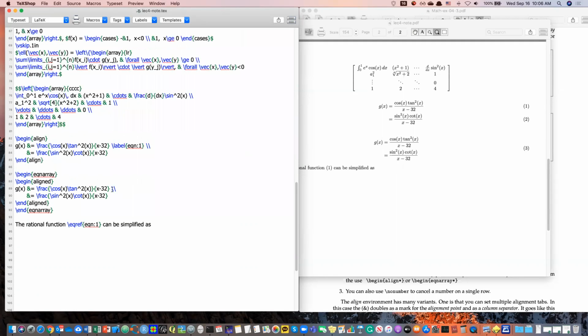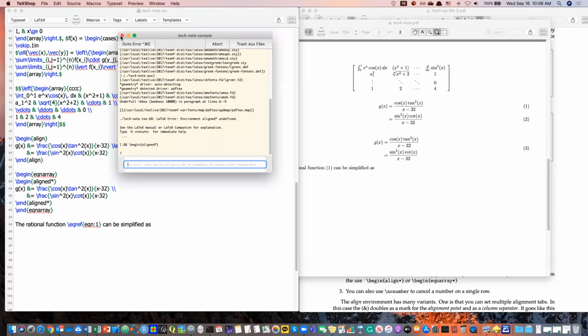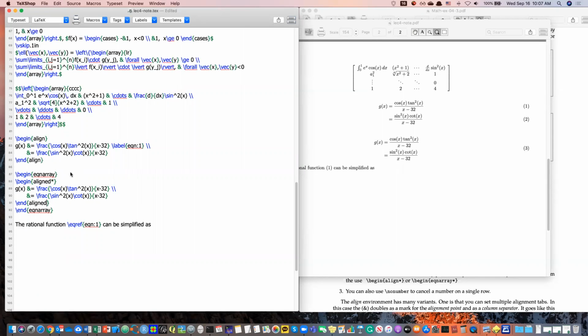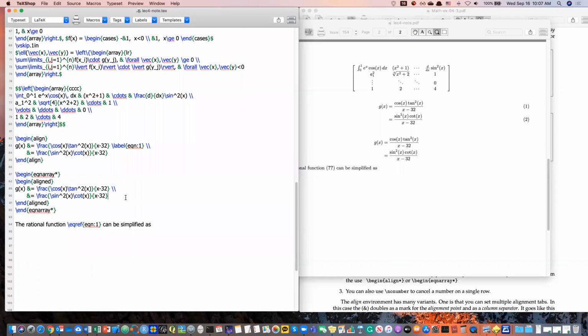So now, if you don't want to get the equation number 3, then we put the eqnarray star. Oh, sorry, not EQN, eqnarray. Sorry. Okay. All right.